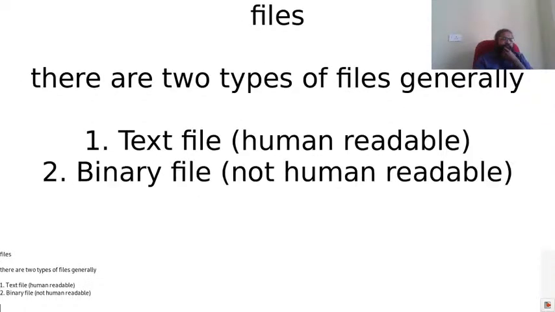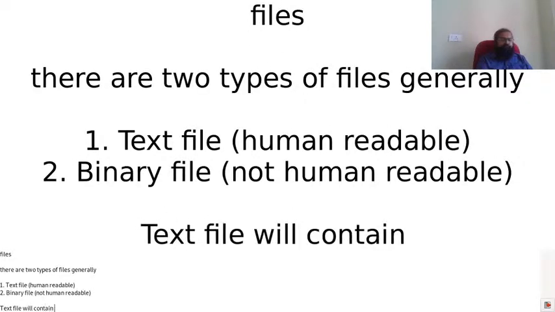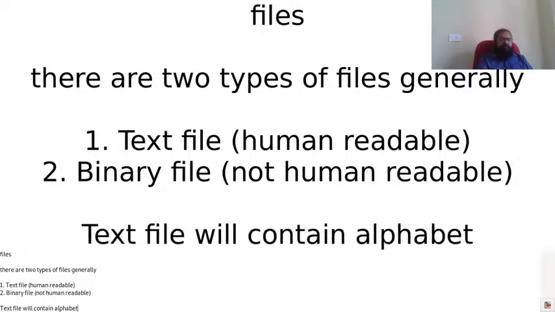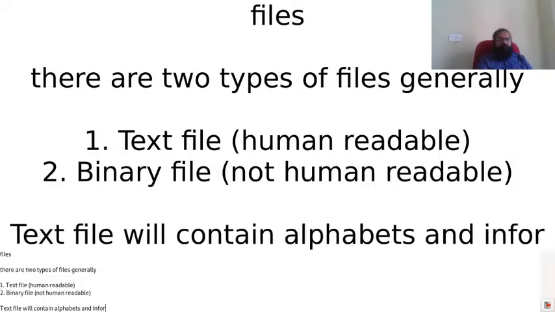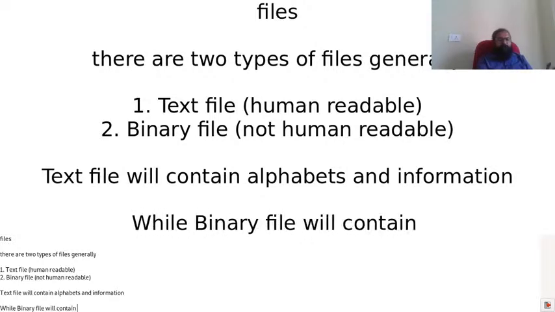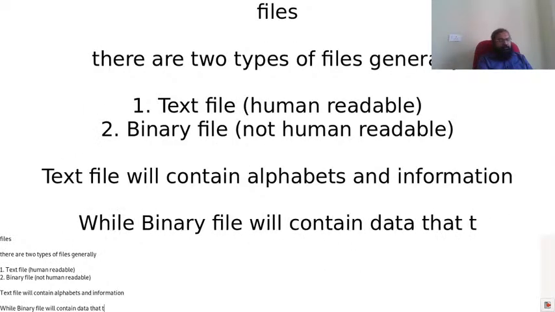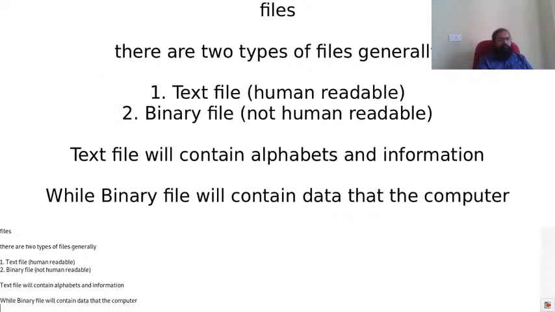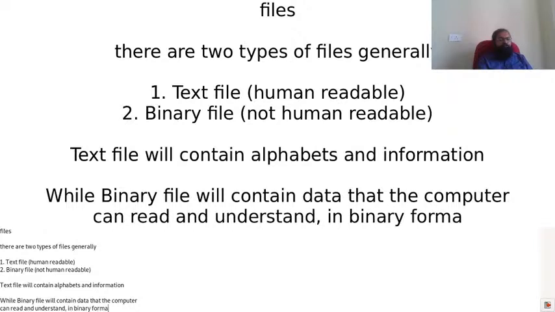A text file will contain alphabets and information, while a binary file will contain data that the computer can read and understand in binary format.